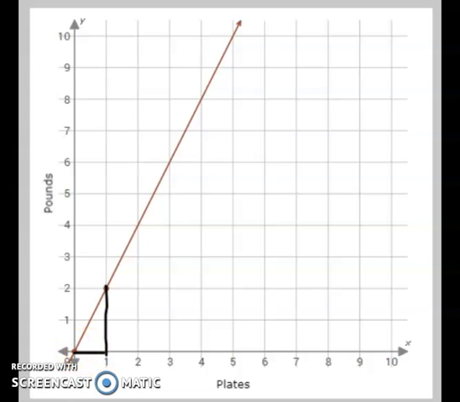Now, there's more than just one good point on this graph. I'm going to draw a few more. So there's one here, which makes sense because it said for every single plate, she uses 2 pounds.